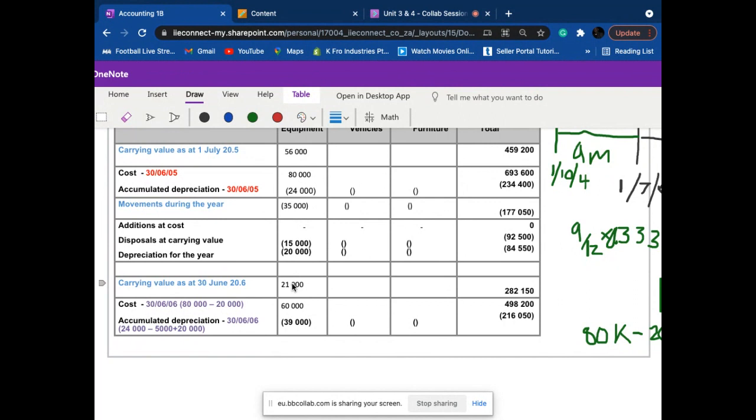What am I trying to show you? What was the carrying value that we started with for our assets? What were the movements? What happened during the year? Did we sell assets? Did we buy any assets? Etc. That's the total of our movements. Movements minus our carrying value will give us the carrying value at the end. So I'm just showing you there's different ways that you can arrive at this figure here.